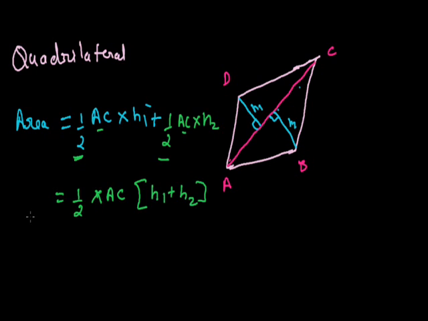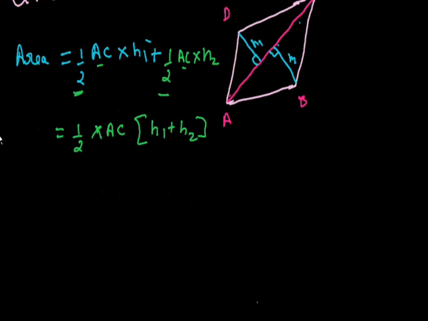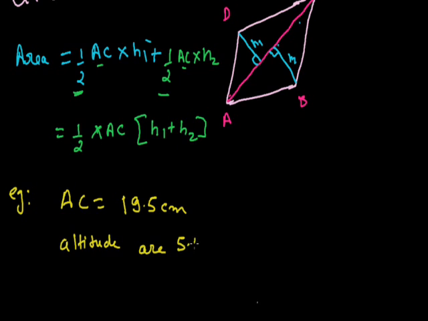Let us understand this using an example. We have to find the area of a quadrilateral whose diagonal AC is 19.5 centimeter and the altitudes from the opposite vertices, or we can say the offsets, are 5.4 centimeter and 10.6 centimeter.